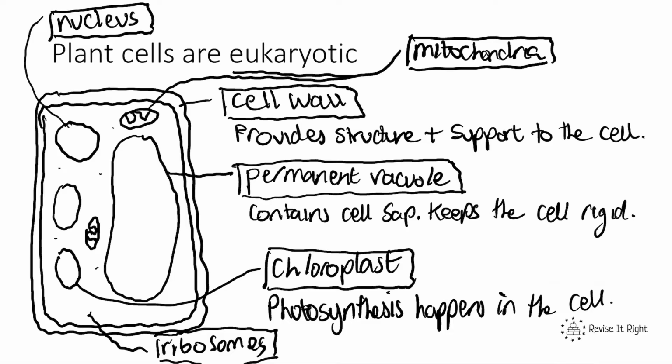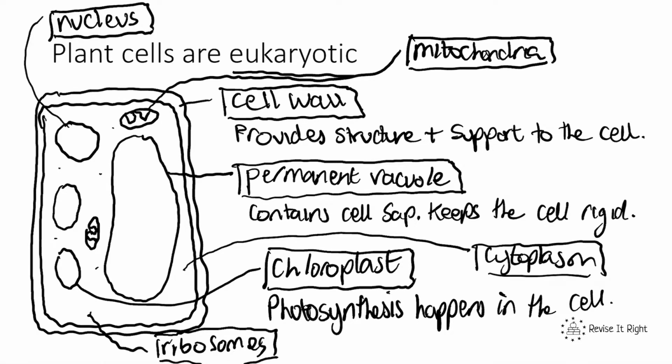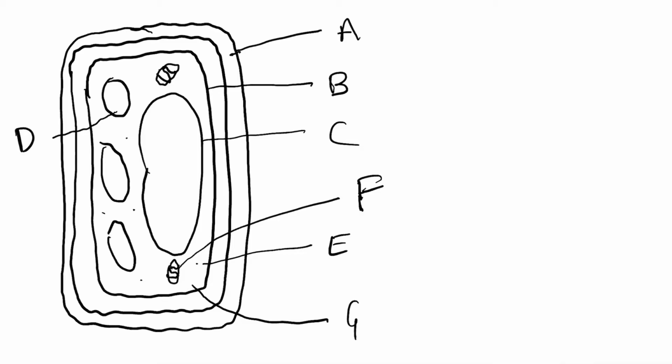And you've also got the cytoplasm, okay, which is again that gel-like substance where most of the chemical reactions happen. And that is our plant cell. So again, what I'd like you to do is pause the video and see from this diagram if you can label A through to G.